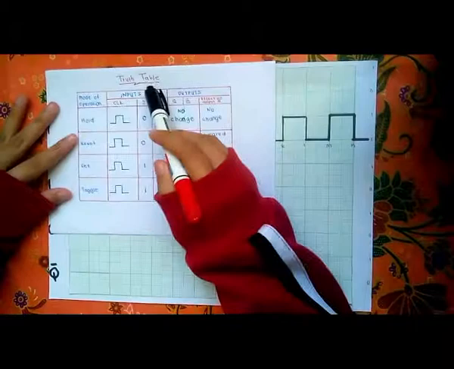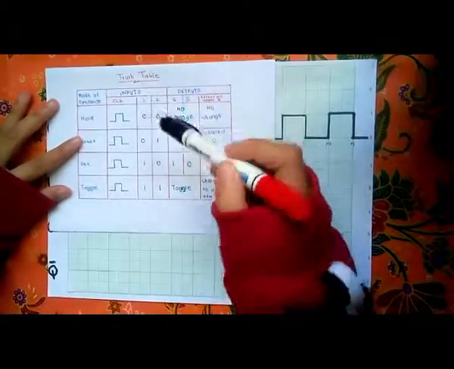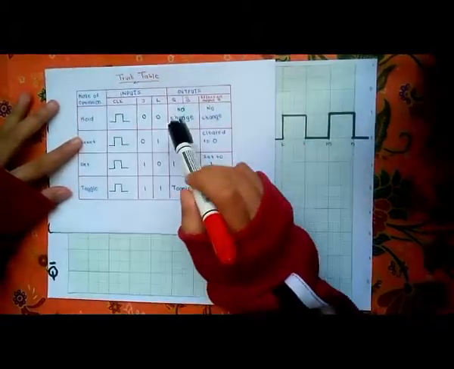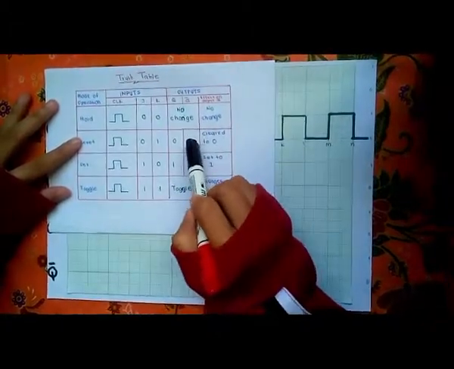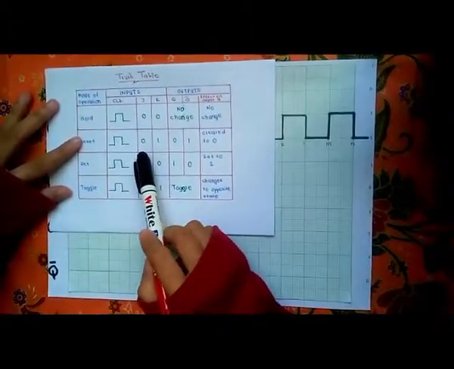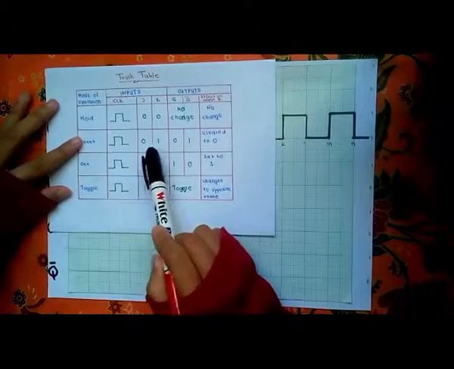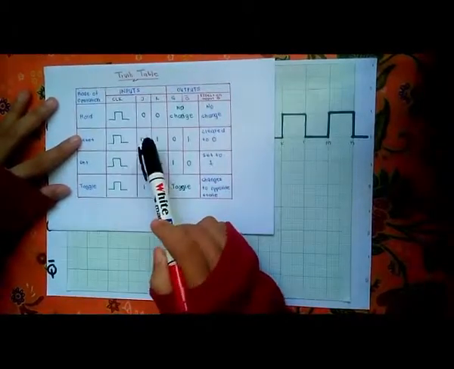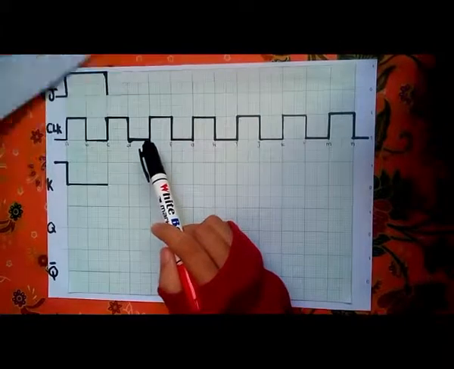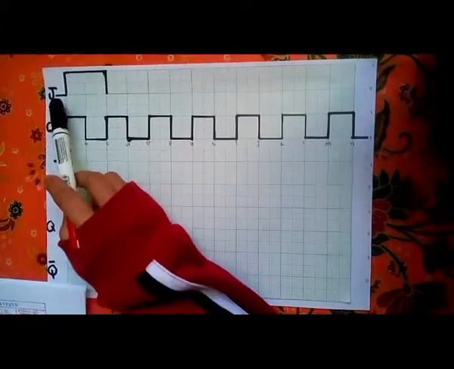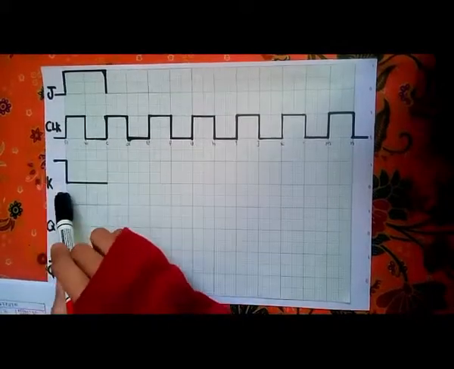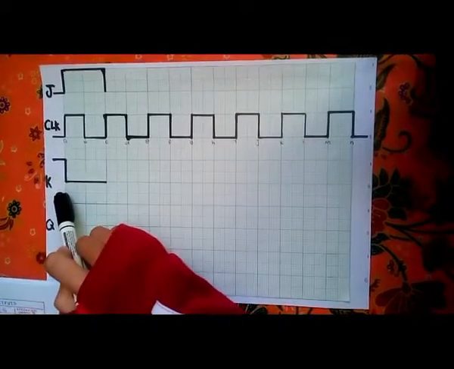By referring to the truth table, to get Q output 0 and Q bar 1, the J input must be 0 and the K input must be 1.